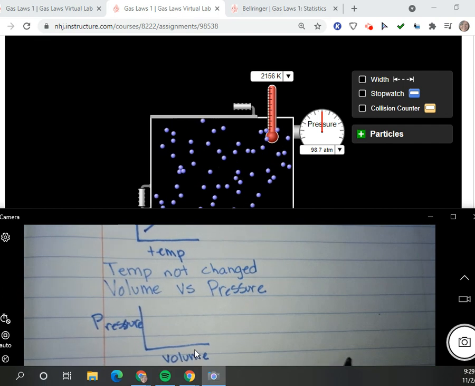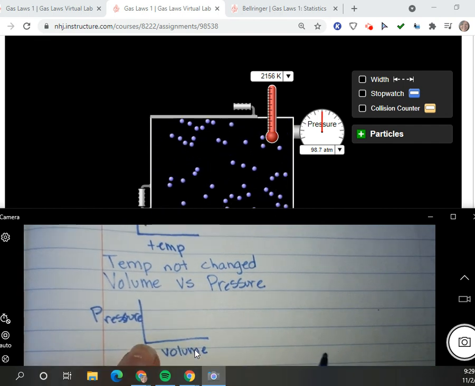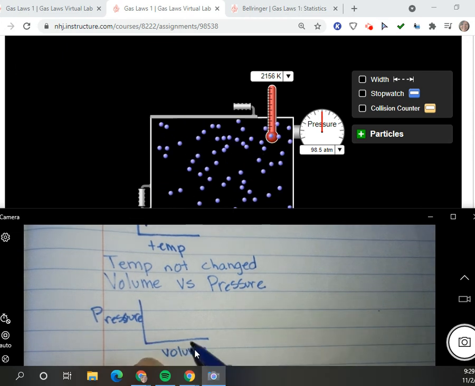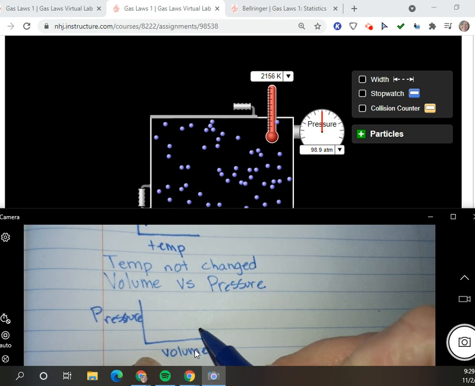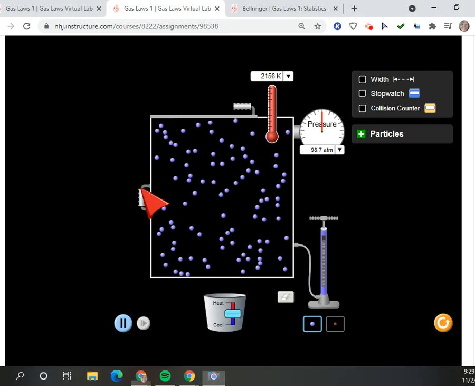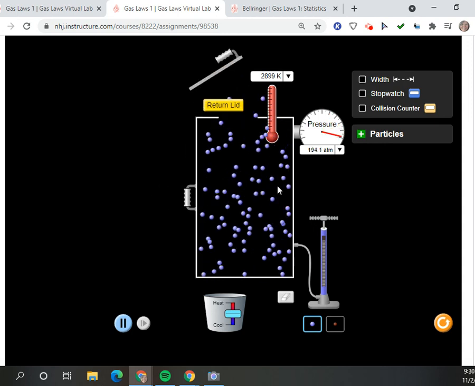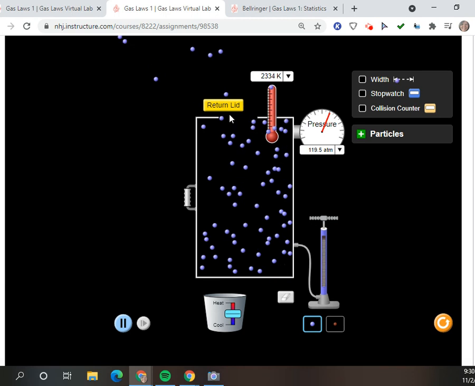This is a little bit different graph. When my volume was really big, my pressure was low. But when my volume was really small, what was up with my pressure? It was really high.